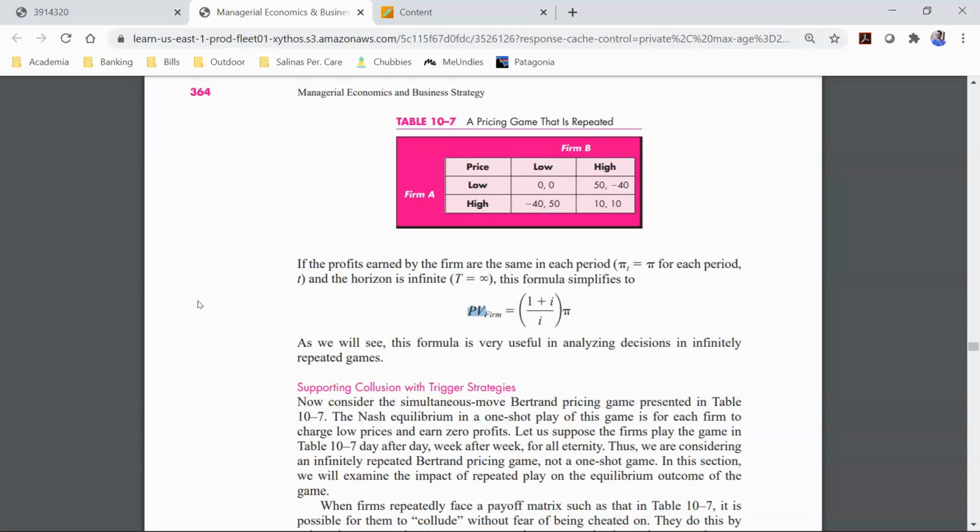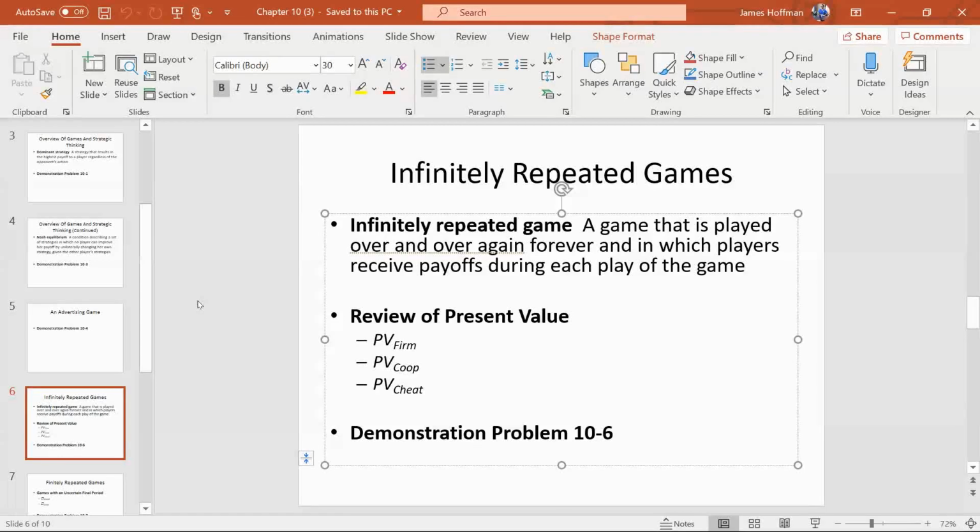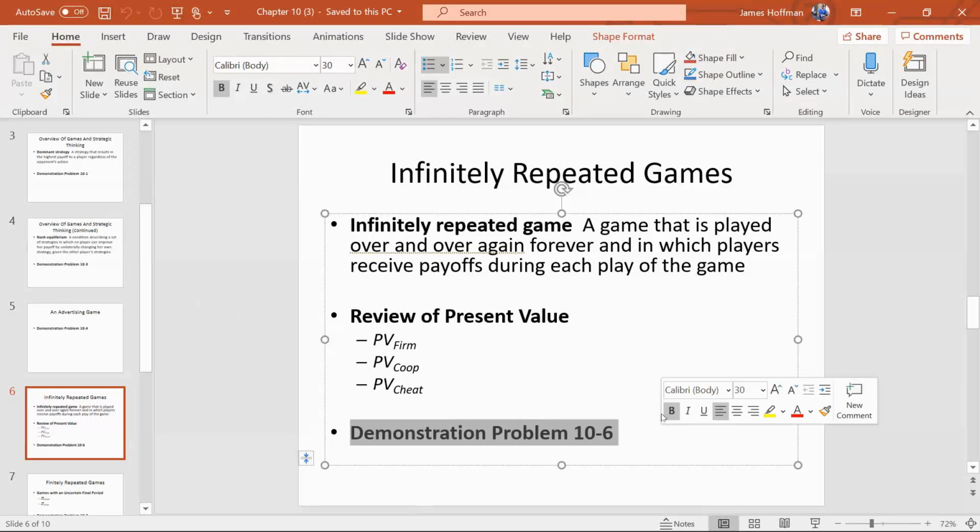Okay, and so let's look at this in practice in an example. All right, demonstration problem 10-6.